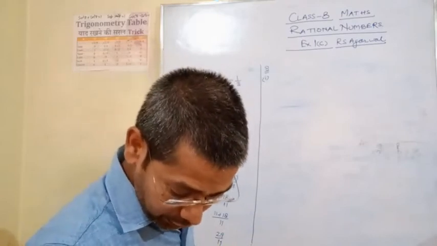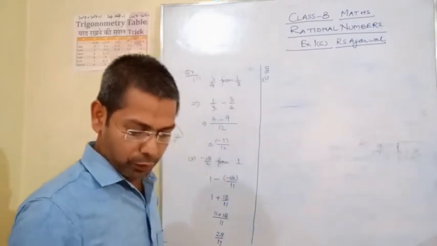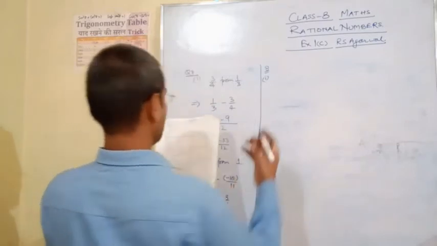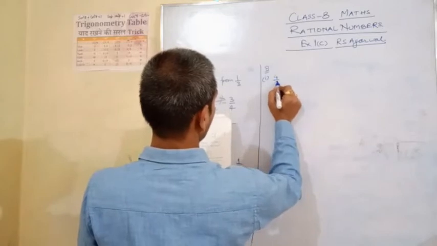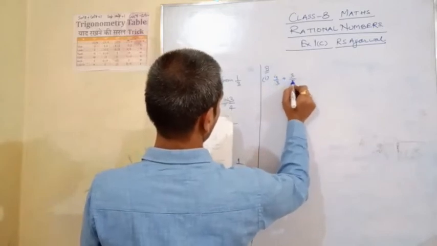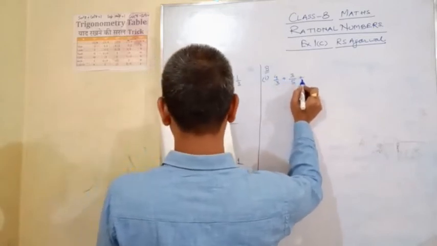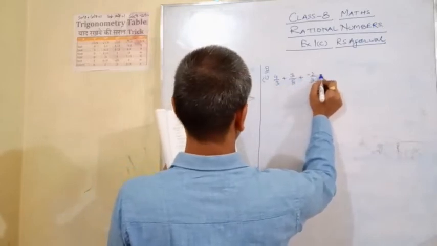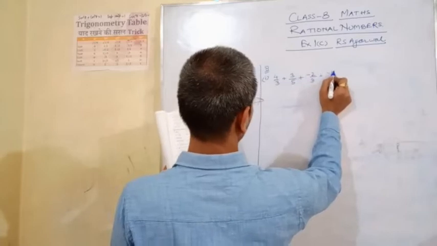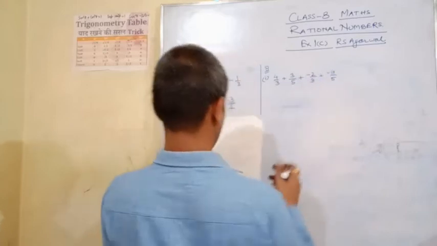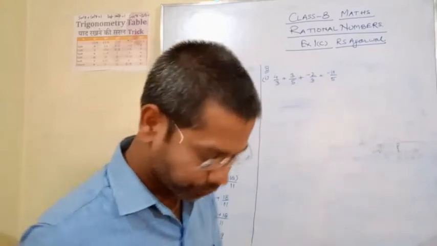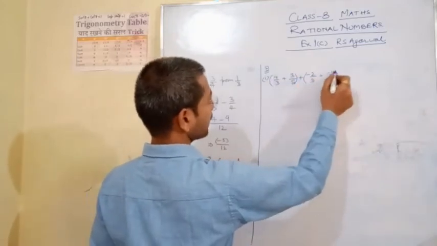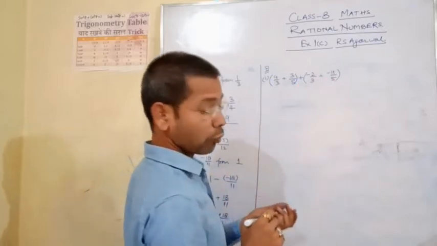See, the first part: 4 upon 3 plus 3 upon 5 plus minus 2 upon 3 plus minus 11 upon 5. We will make the groups. We have arranged the numbers in groups.